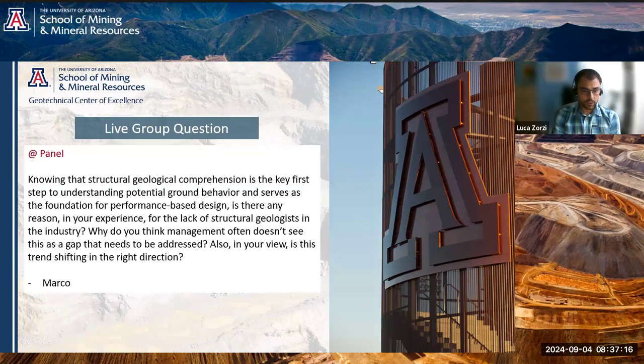But on the question, and I think Amanda might comment in a better way on this one, what we are seeing in Canada, but also in Europe, is a reduction in overall geology students. And so there will be a reduction in structural geologists in the next 5 to 10 years. Geology departments in Italy and some places in Europe are closing up. We have seen a reduction in some universities in Canada too, and in some instances they were even questioning whether or not a structural geologist professor was even required.